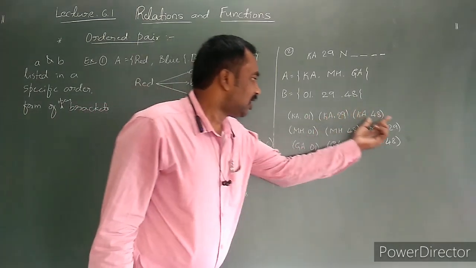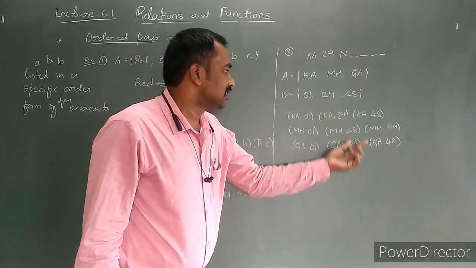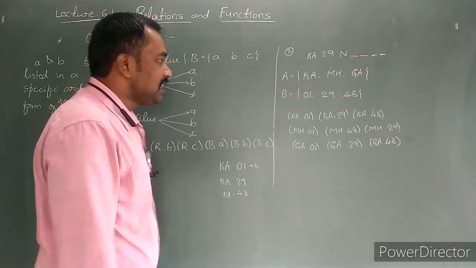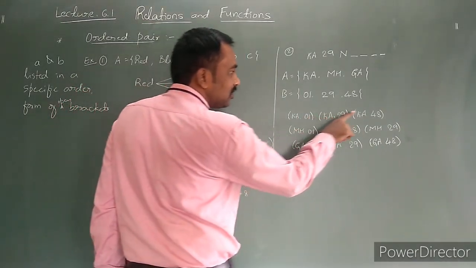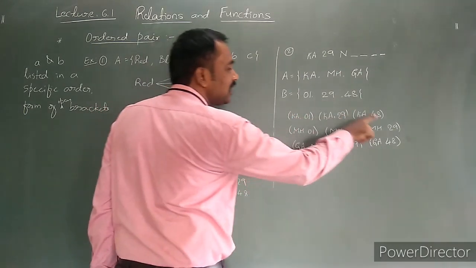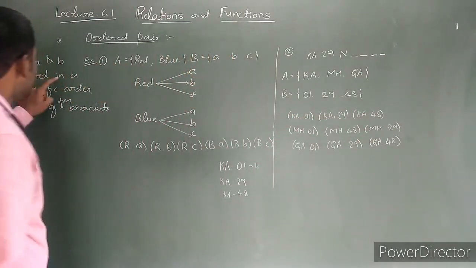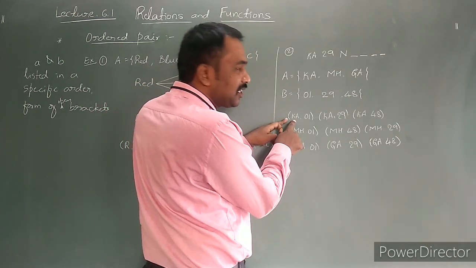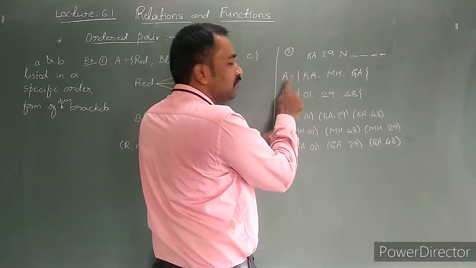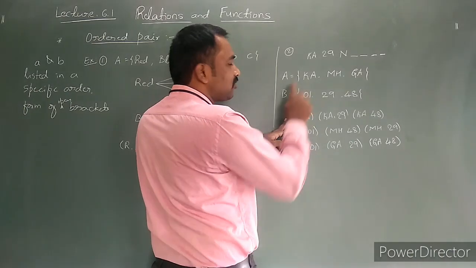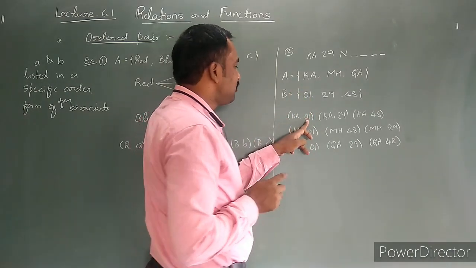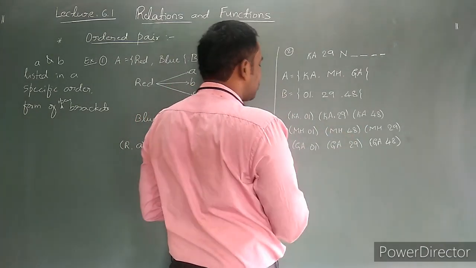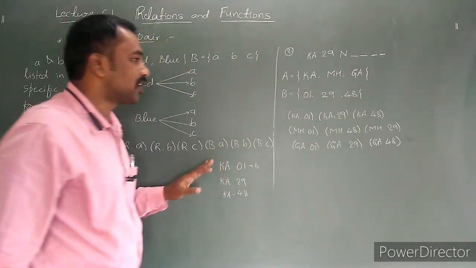These are said to be ordered pairs. How many ordered pairs are there? There are totally 9 ordered pairs. This is how we can write. Here, these elements are written or listed in a specific order. What is that specific order? The first element represents the element or object belonging to the first set A, and the second element belongs to the second set B. So this is said to be an ordered pair.